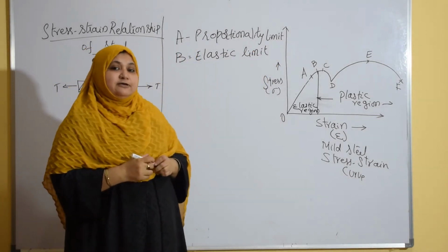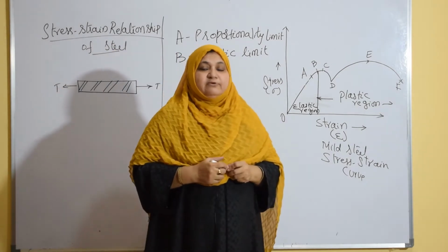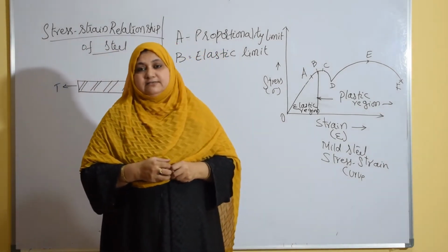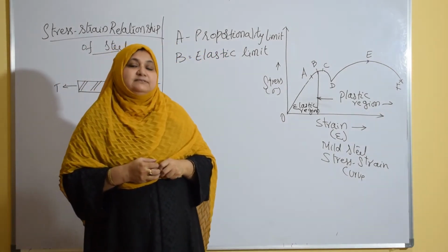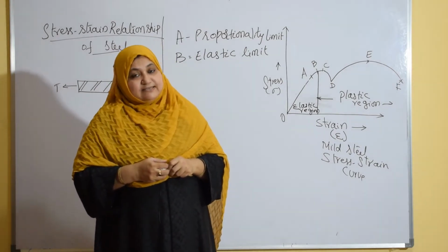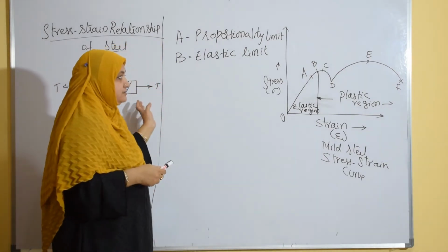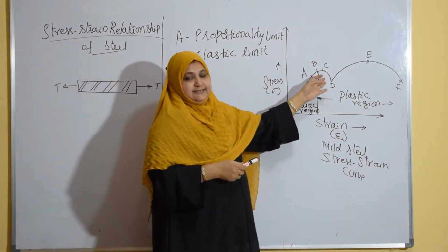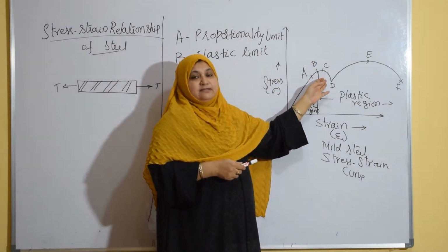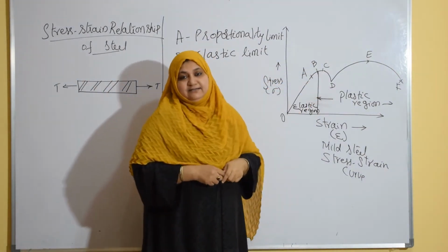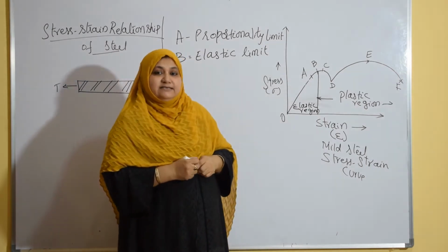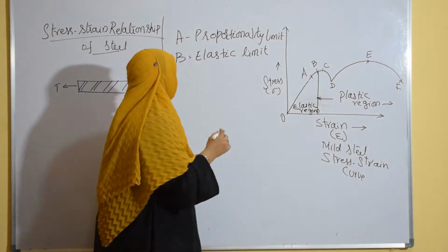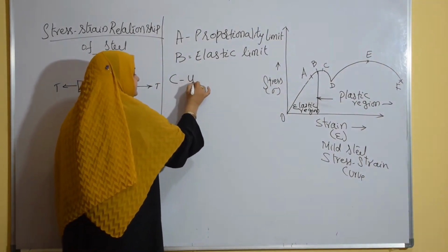Now you are further increasing the load. When the load is further increased, deformation starts. When stress and strain are drawn, we get a point C where the material starts yielding. C is called the upper yield point.